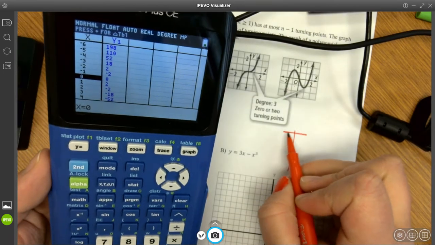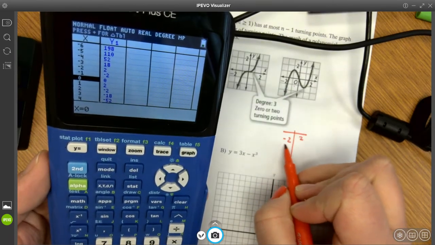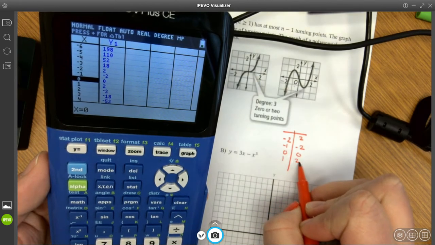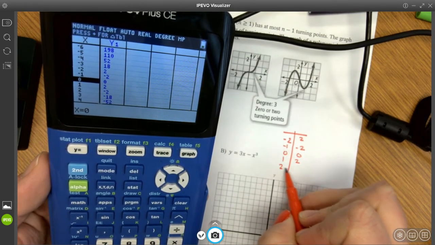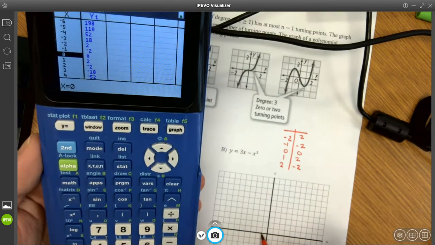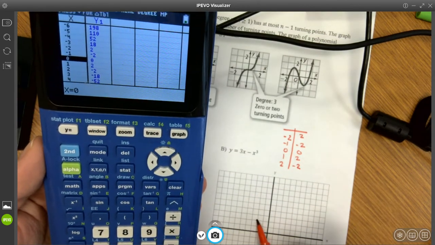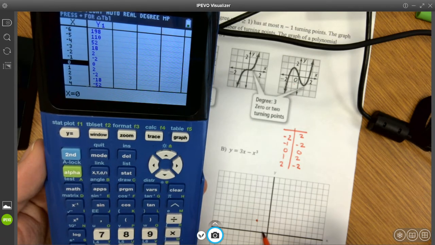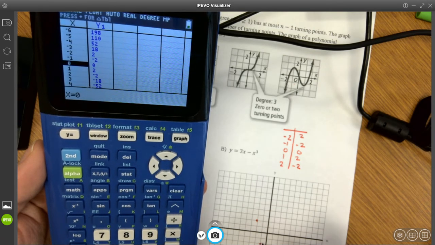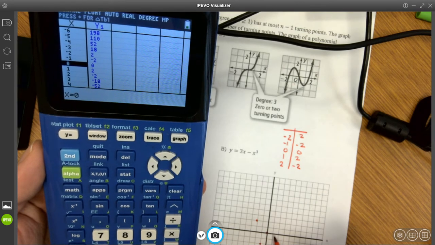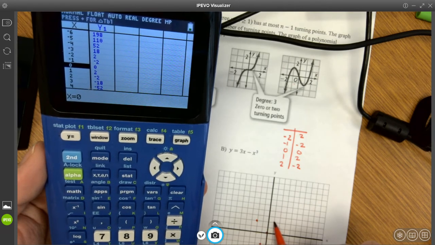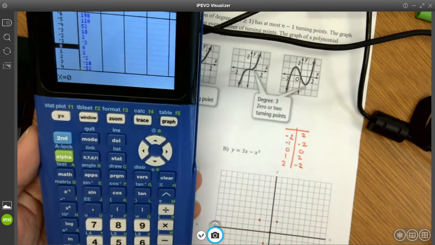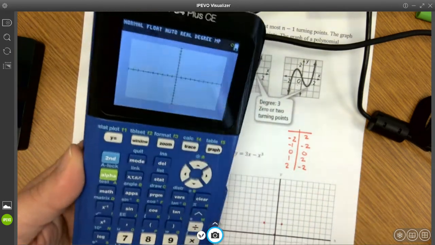I'm going to have -2, 2, -1, -2, 0, 0, 1, 2, 2, -2. Now, if you're wondering, what am I supposed to connect my dots there?